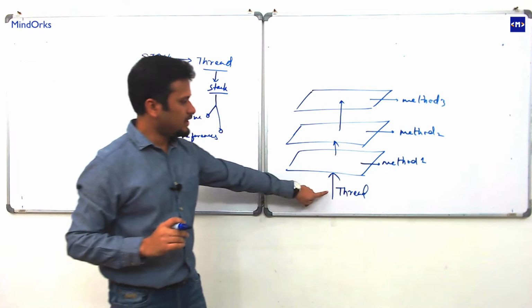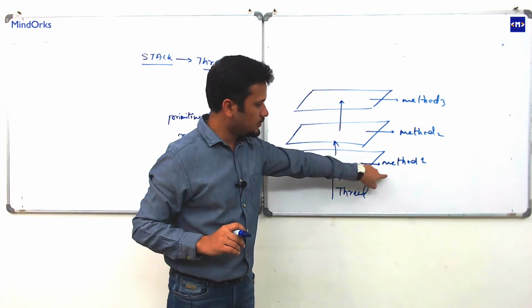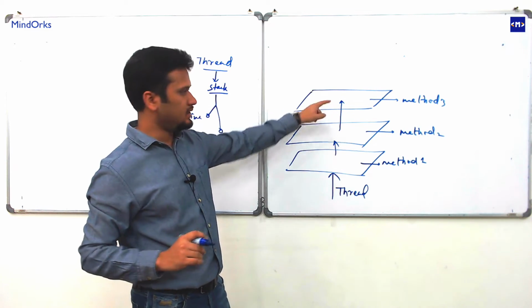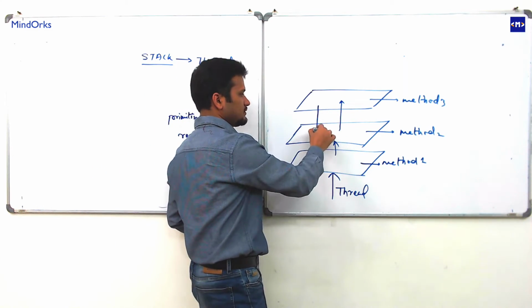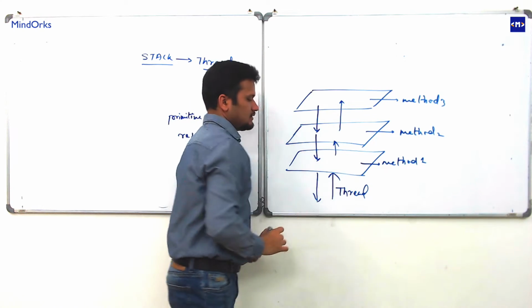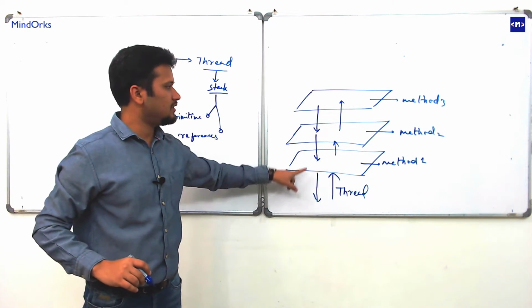So the thread will execute the code in method 1, then method 2, and then method 3. Then method 3 will return to method 2, and then to method 1, and finally your thread will return with some result from this method.